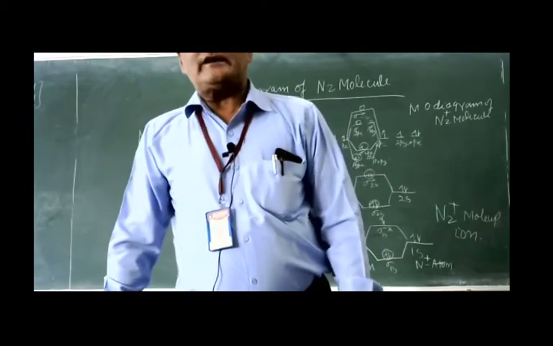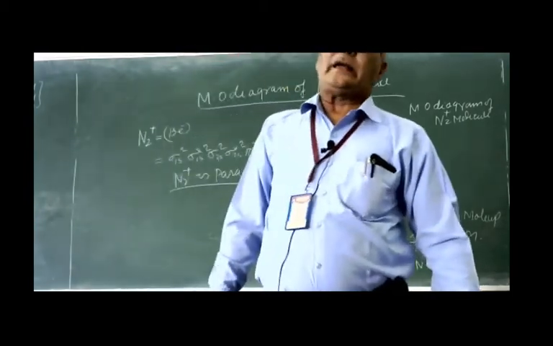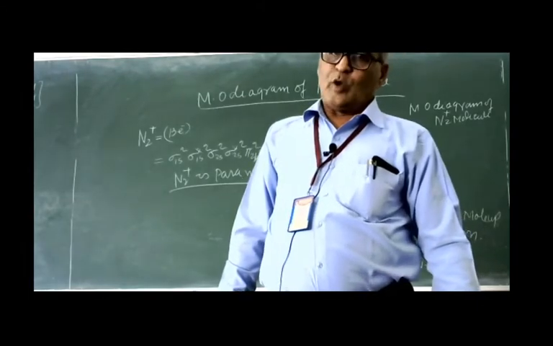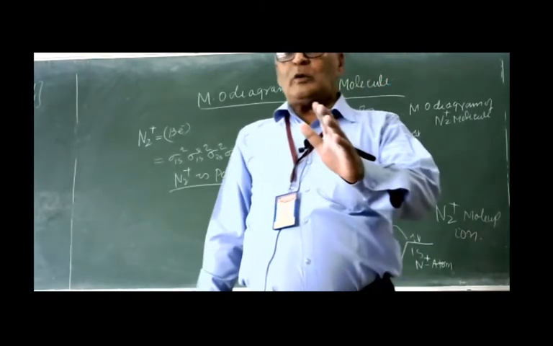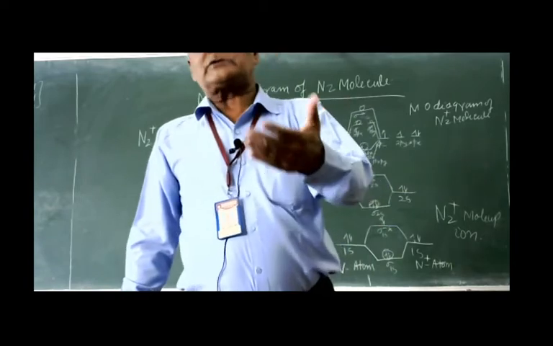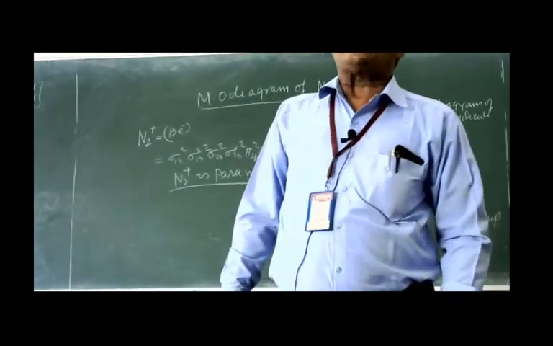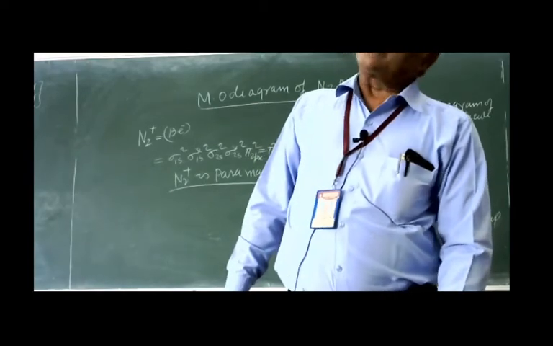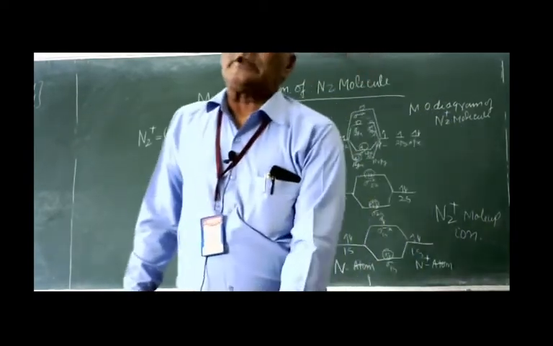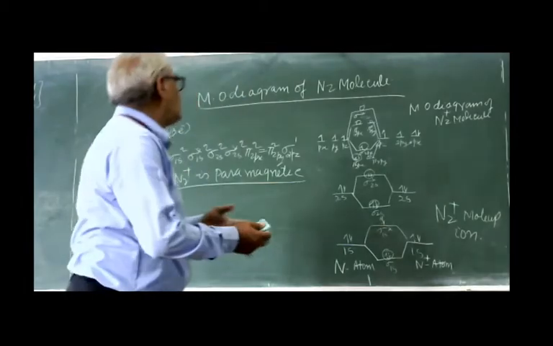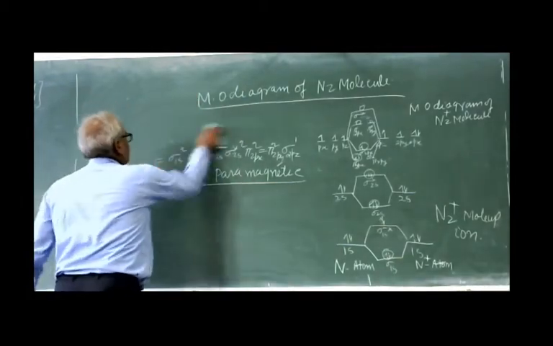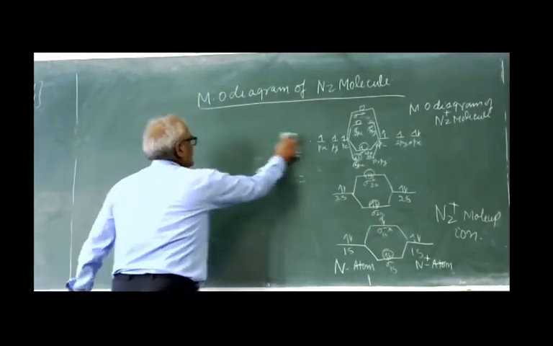The number of bonds is termed the bond order. So before explaining the stability of the molecule or molecule ion, we have to calculate the bond order. So how to calculate bond order?